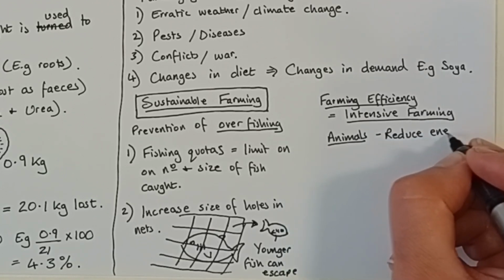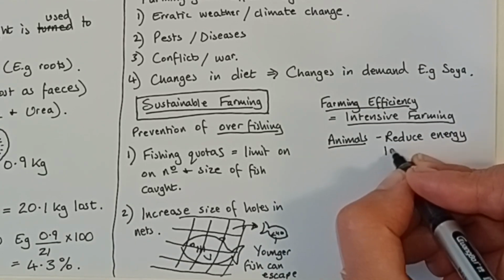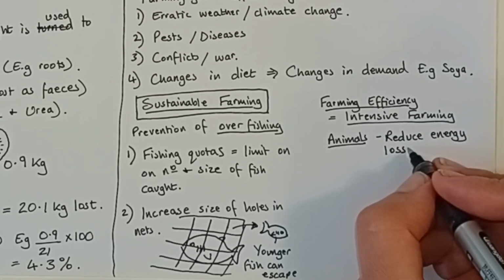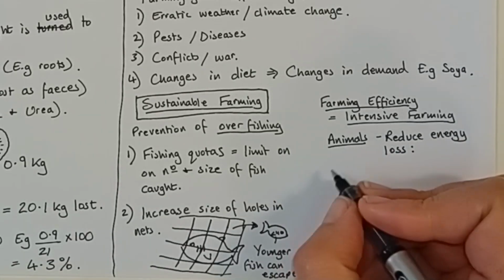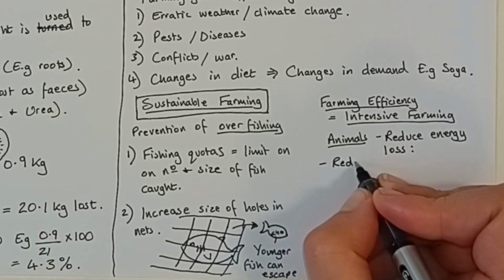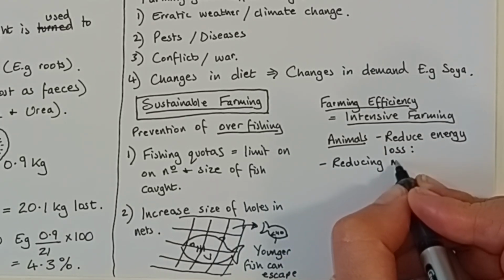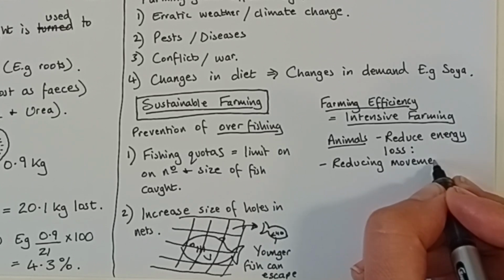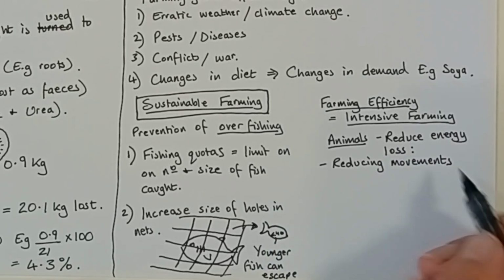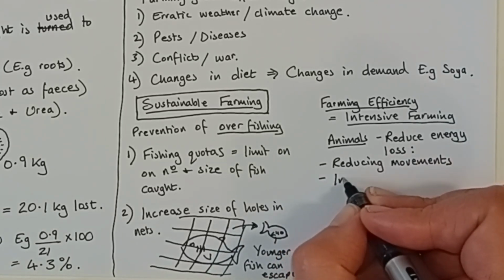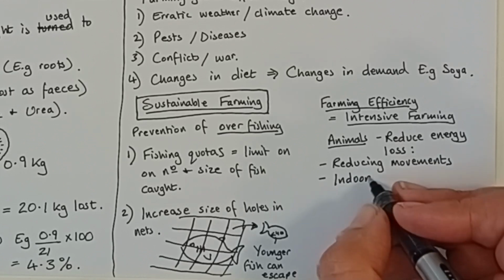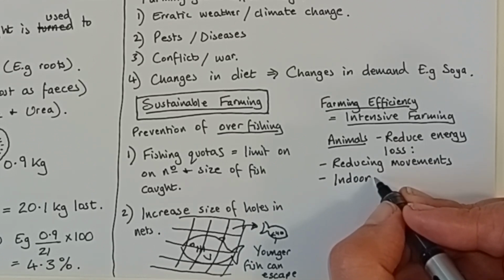And we do it by what are considered as cruel practices by some people. So it's done by reducing movement, keeping animals in small cages so they can't move around and they can't use that energy for movement so it's not lost. It's by keeping animals indoors, so it's warmer. So they lose less energy as heat.